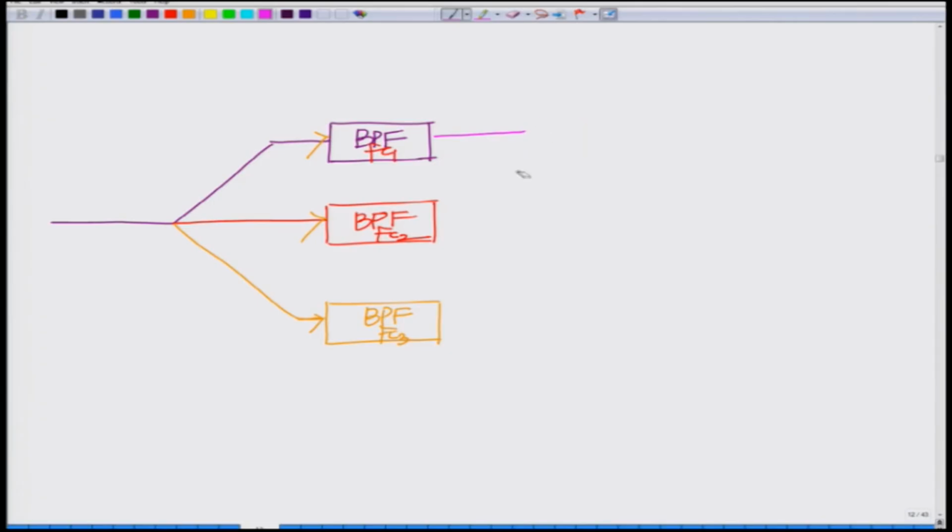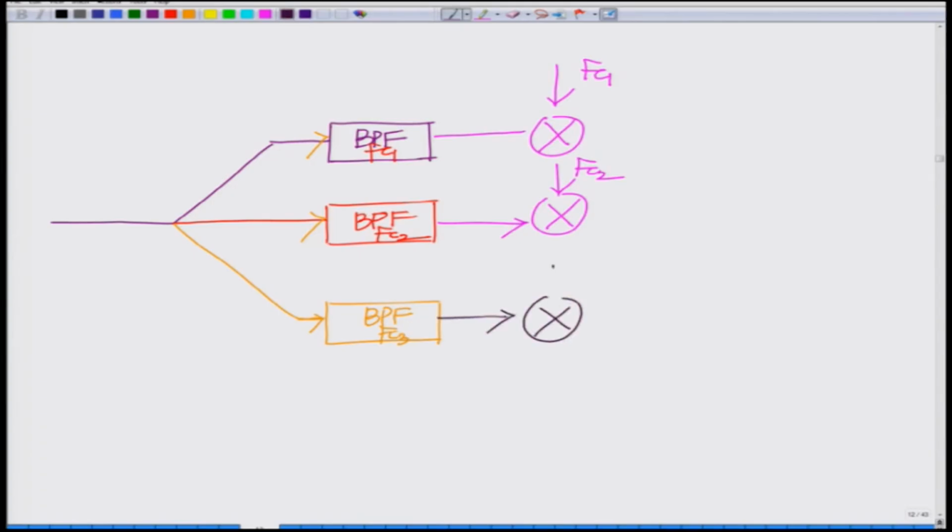Now, the corresponding carrier frequency for the first band pass filter is FC1. So, this I demodulate with FC1. The corresponding carrier frequency is FC2, therefore demodulate at FC2.